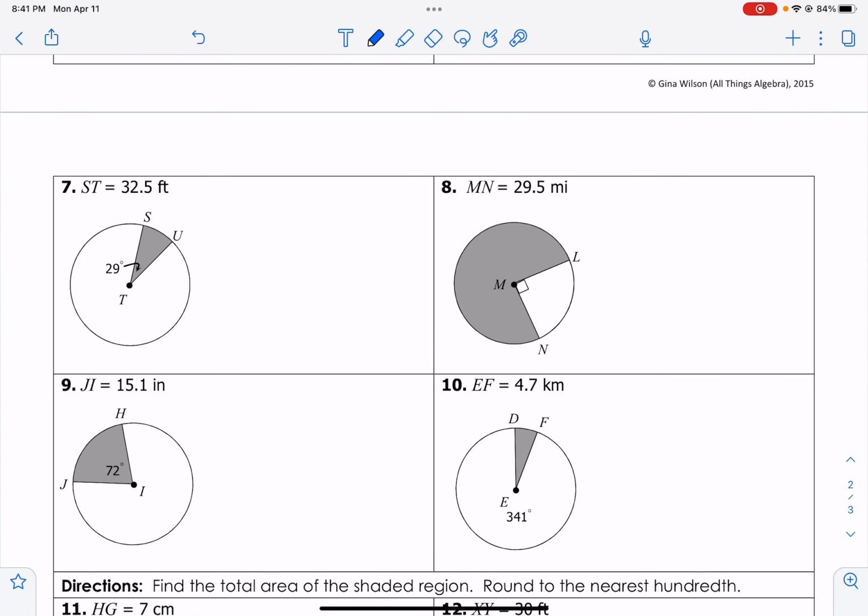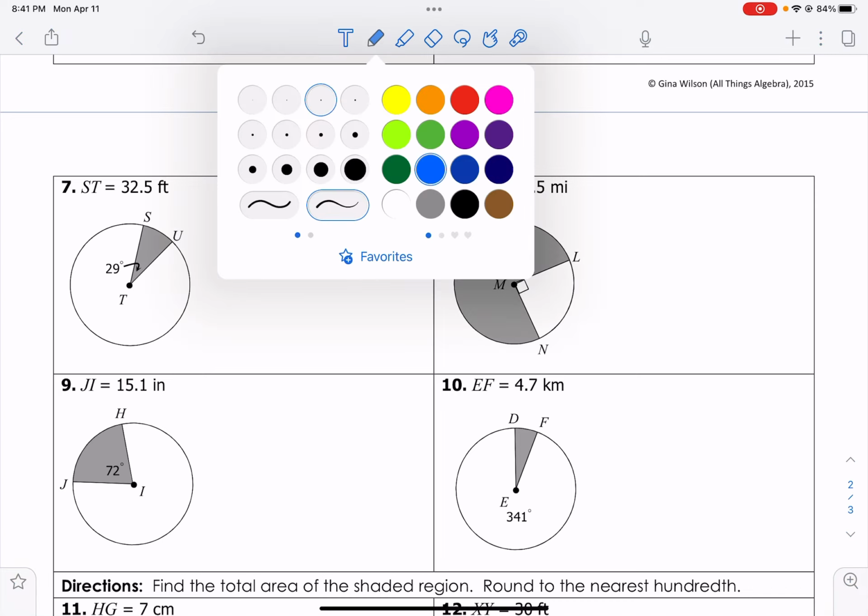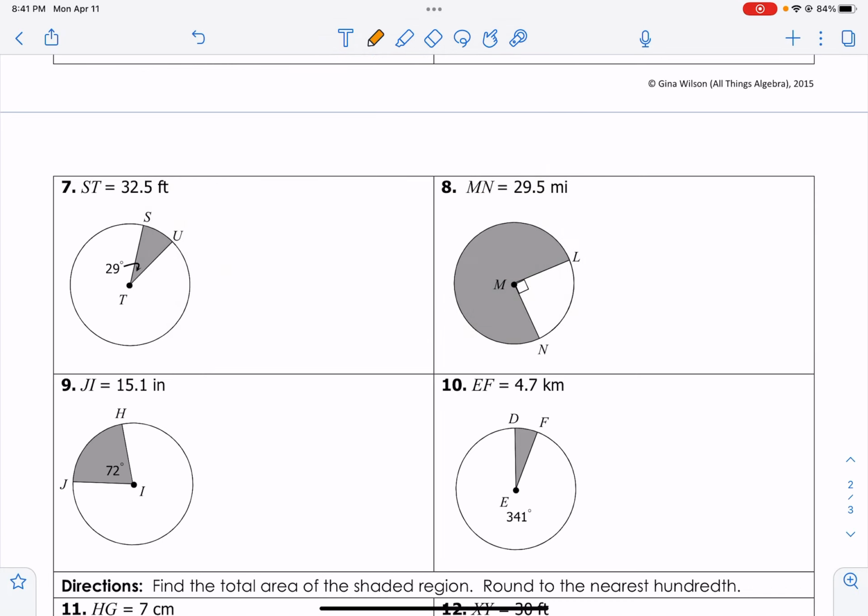Now, number 7 starts with some of your favorite things, decimals. So, remember this is the angle, that's why it has a little arrow here. ST, my radius, is 32.5. So my area equals 29 degrees times pi times 32.5 quantity squared divided by 360.